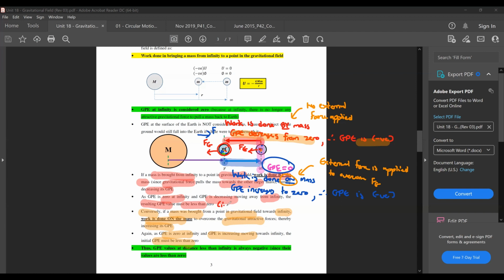If it's less than 0, that means negative value. Okay. So GPE values at any point less than infinity will always be negative.